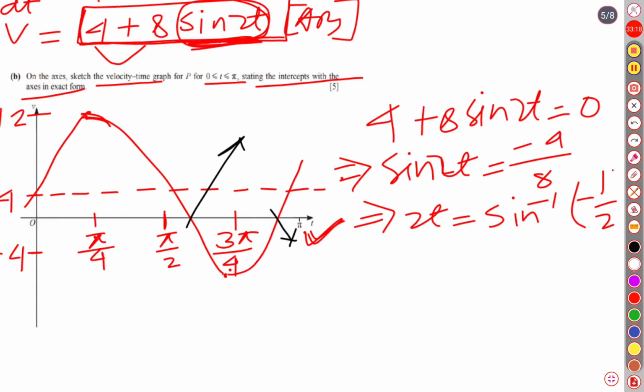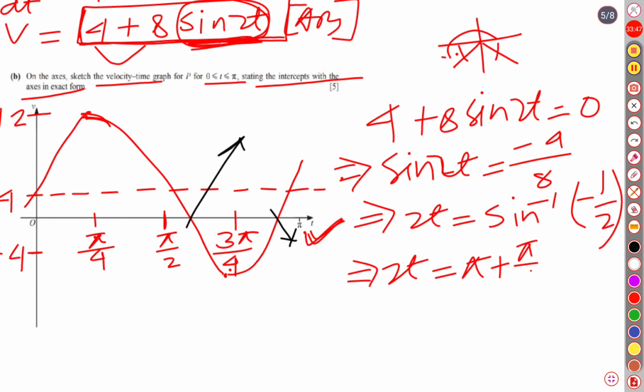Sine is negative in either the third or fourth quadrant. Either this is the angle or this is the angle. The basic angle for half is 30 degrees, so it will be 180 plus 30, which means 210. So the first one is pi plus pi over 6, and the second one is 2 pi minus pi over 6.